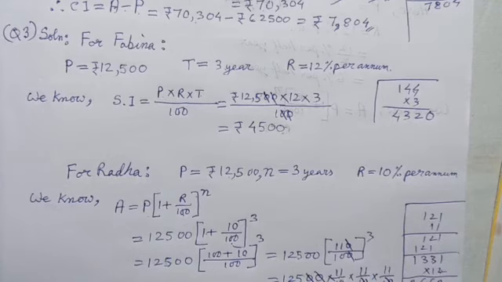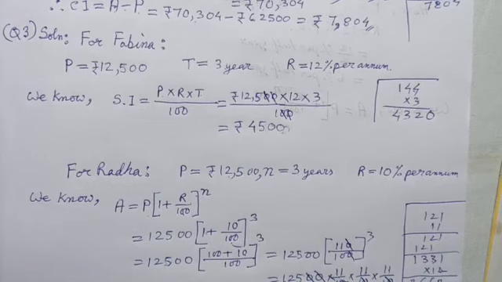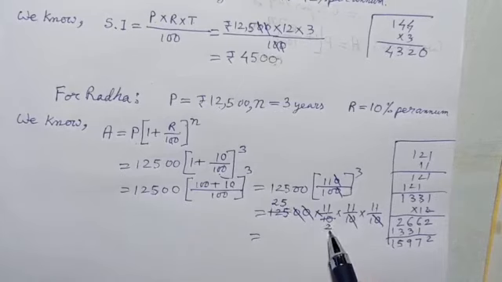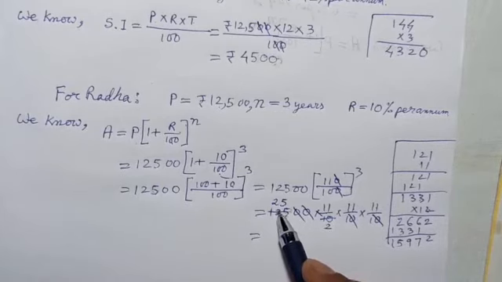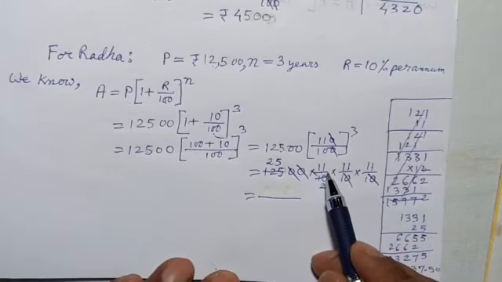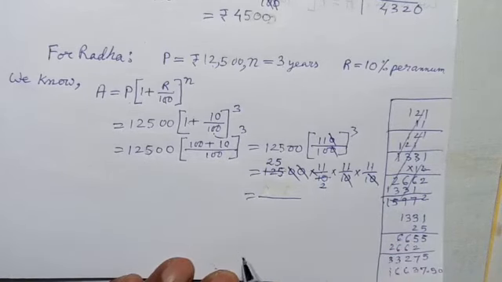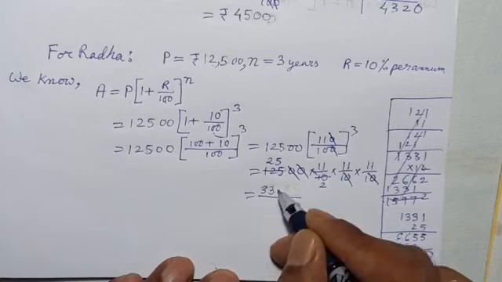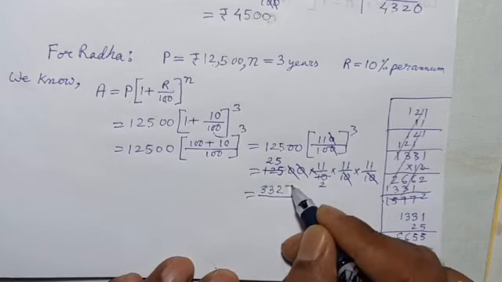Then let us divide by 5. 5 times 2 is 10, divide by 5. 5 times 5 is 25. We are getting this: 5 divided into 10 is 2 times, 5 divided into 125 is 25. Now 11 into 11 into 11 into 25 gives 33,275.